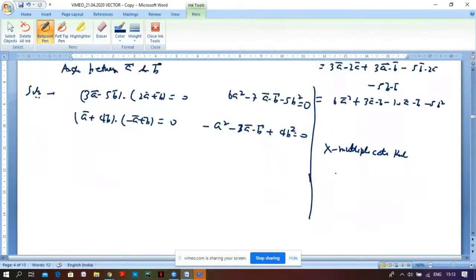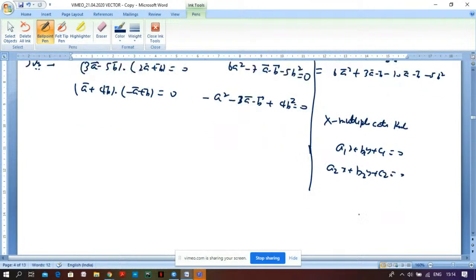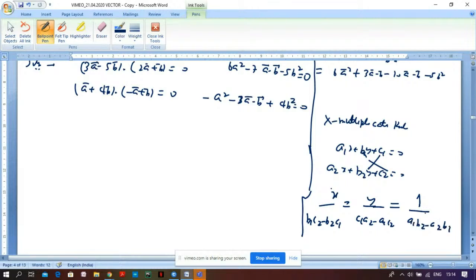I apply it in this form: if you have a1x plus b1y plus c1 is 0, and a2x plus b2y plus c2 is 0, then you can write x over b1 c2 minus b2 c1 equals y over c1 a2 minus a1 c2 equals 1 over a1 b2 minus a2 b1. This we use as the rule for cross multiplication.